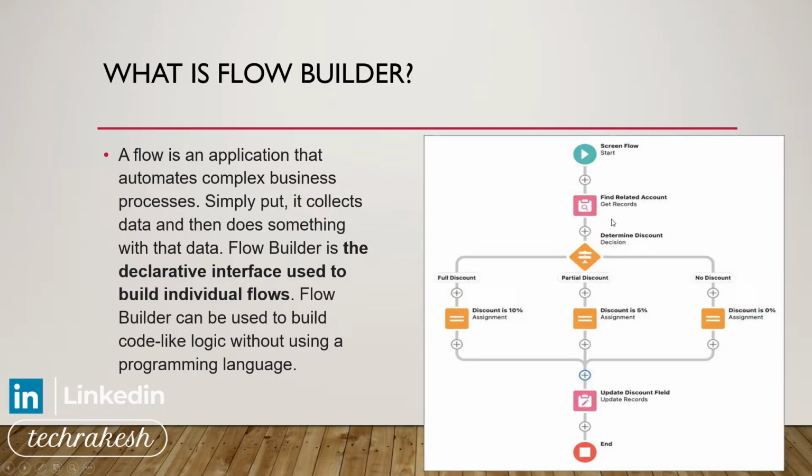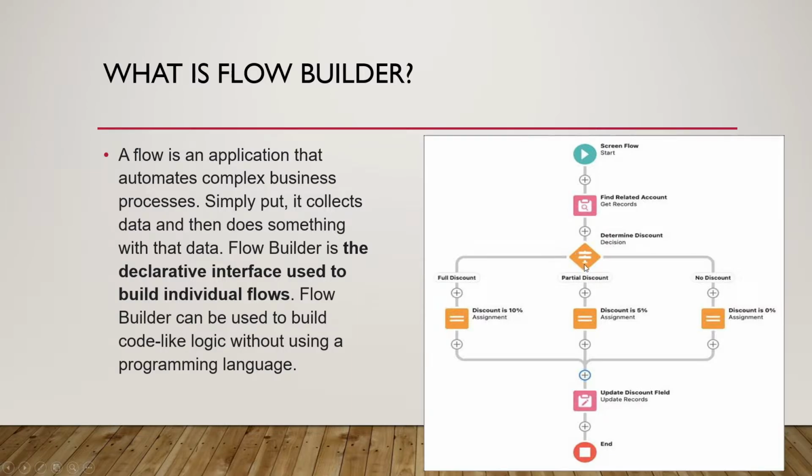First of all we are using a Get Records element where we are finding the related accounts. It will query all the related accounts, and then we have a decision element where we are determining how much discount we need to provide, just like an if else condition.